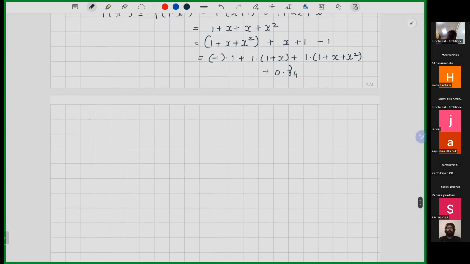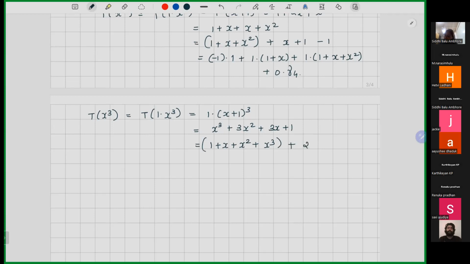Similarly, I will do this for T of x cube, which is 1 into x plus 1 cube. And this is x cube plus 3x square plus 3x plus 1. Again, I will write this as 1 plus x square plus x cube. Okay, this is one term, and now I'm left with 2x plus 2x square, right? So I'm splitting the x square and x terms, and I add and subtract 2.